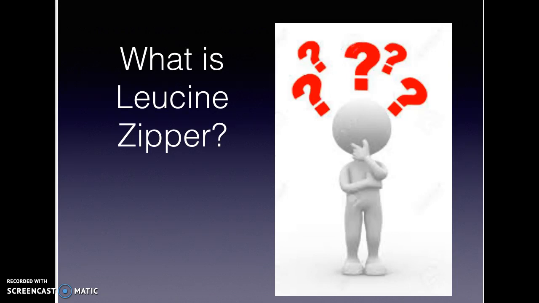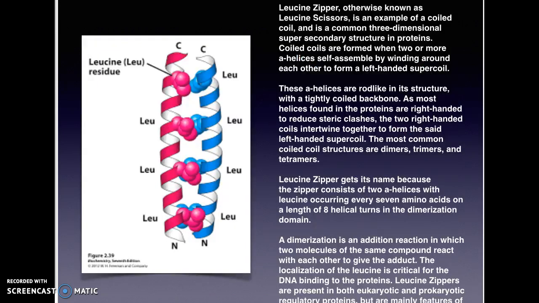What is Leucine Zipper? Leucine Zipper, otherwise known as Leucine scissors, is an example of a coiled coil and is a common three-dimensional supersecondary structure in proteins. Coiled coils are formed when two or more alpha helices self-assemble by winding around each other to form a left-handed supercoil.